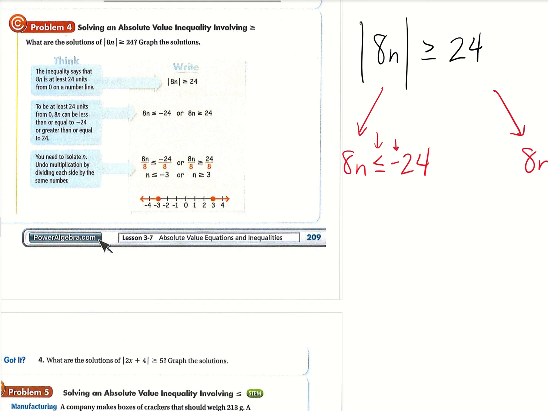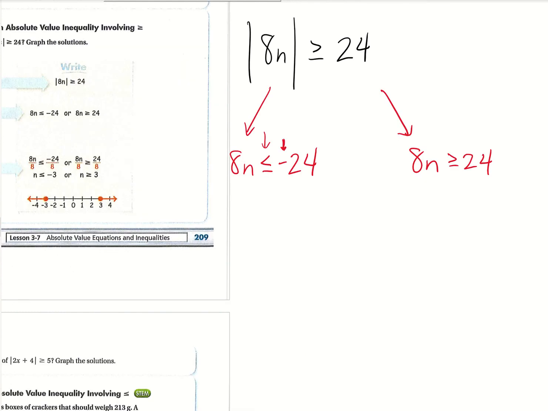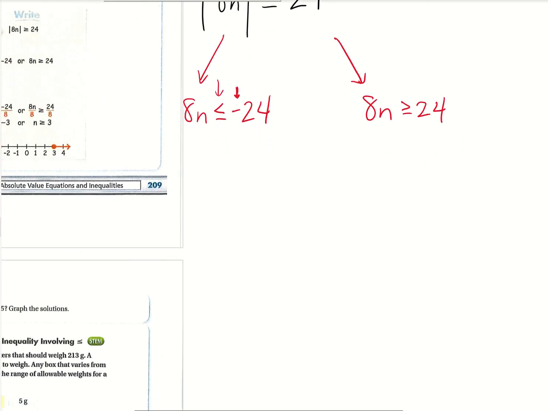So when you do that for inequalities, you're going to have to also flip your inequality symbol as well. You'll need to be really careful with that. One thing that I think will help you to decide if you did it right is the graphing, and we will get to that in just a second.